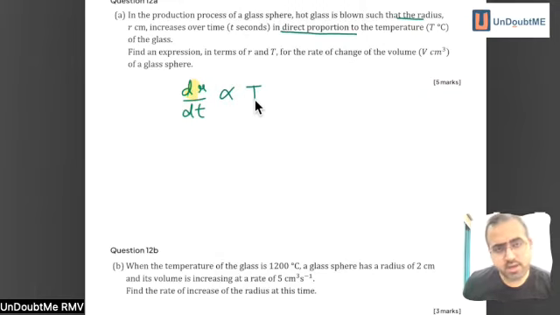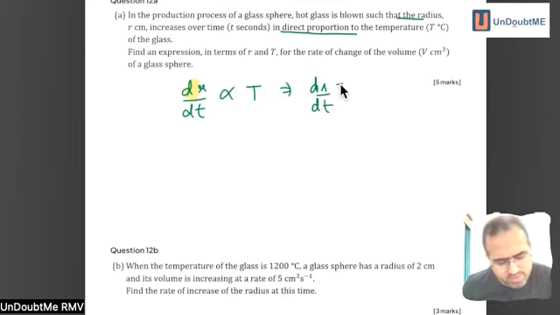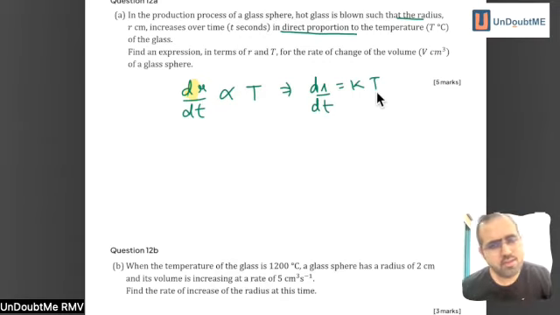These steps need to be shown. Find an expression in terms of r and T for the rate of change of volume. If dr by dt is proportional to T, then I can write dr by dt is equal to some k times T, where k is a constant. This is the first step. Was there anyone who did this initially?